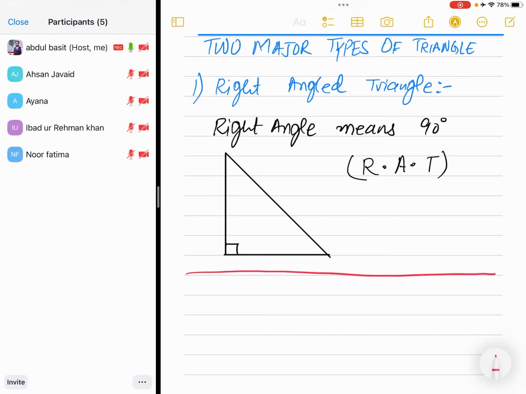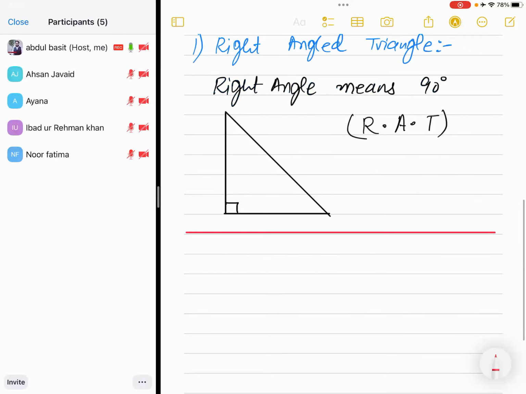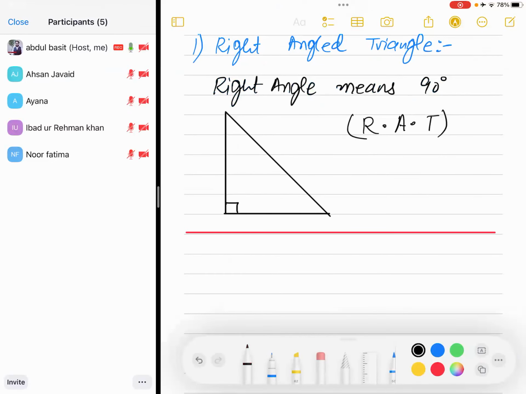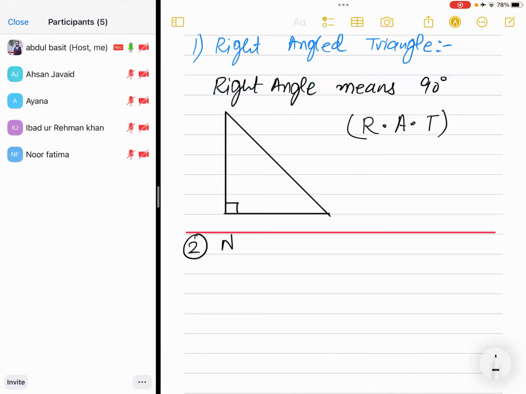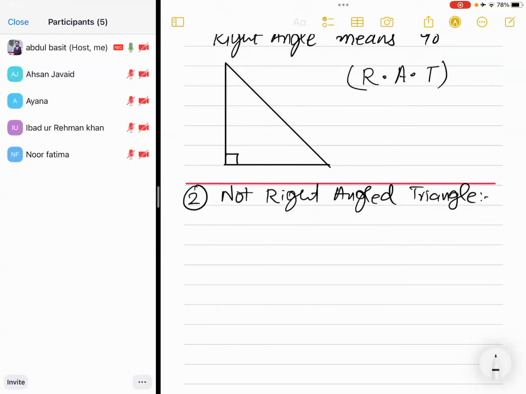And the second type is not right angled triangle. I hope you can hear me. In not right angle triangle we have several types. The first one is isosceles.